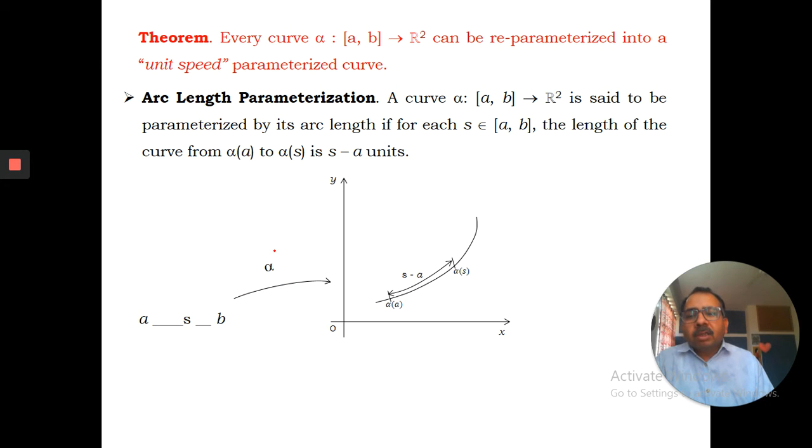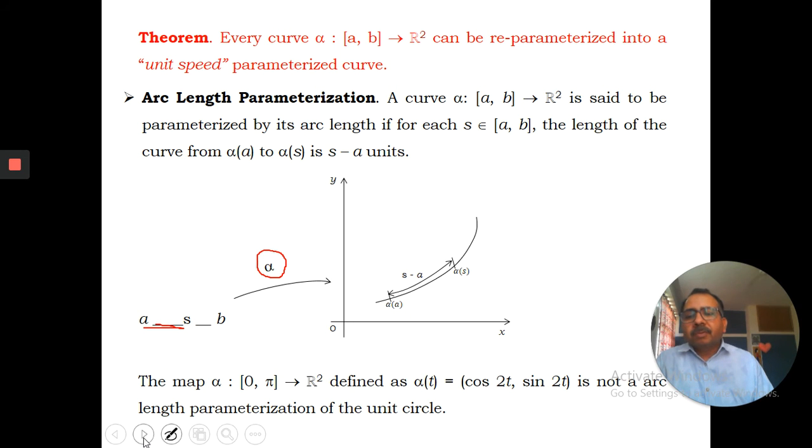I say alpha is an arc length parameterization if the length of the image is exactly equal to the length of the domain itself. Here the length is s minus a units. The image curve must have length s minus a units. If these two things are equal, then we say the curve is arc length parameterized.